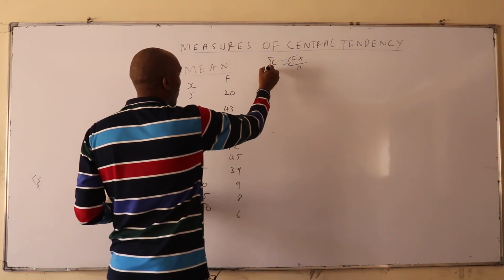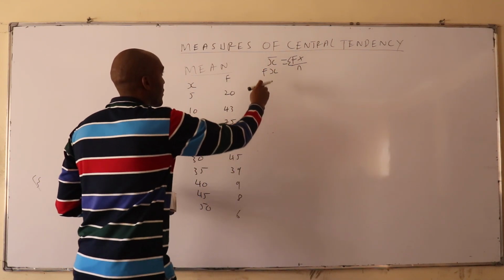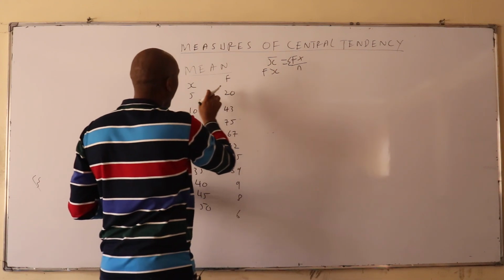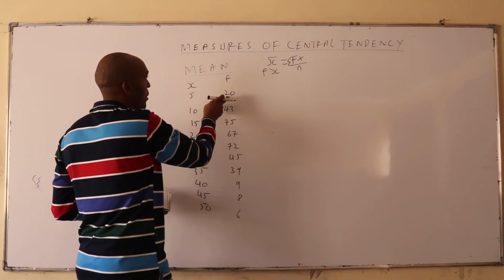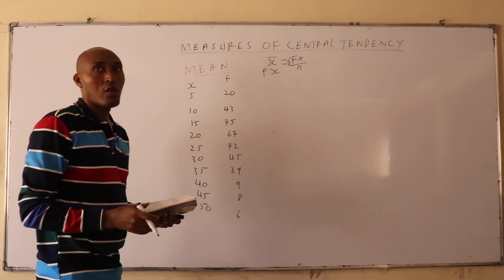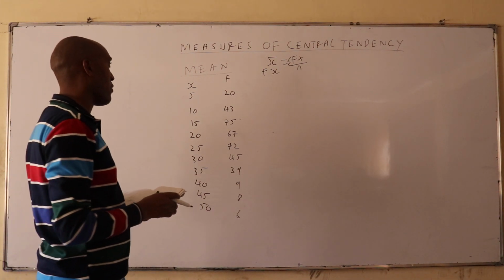So we have now to look for fx. How do we get fx? You take this, multiply by this, you get this. The total is what we call summation of fx.